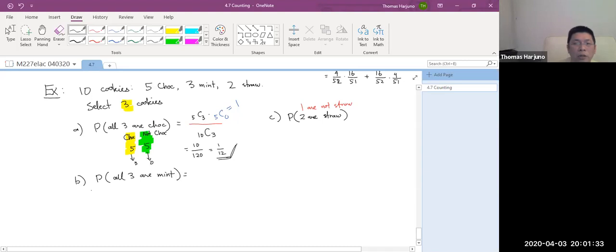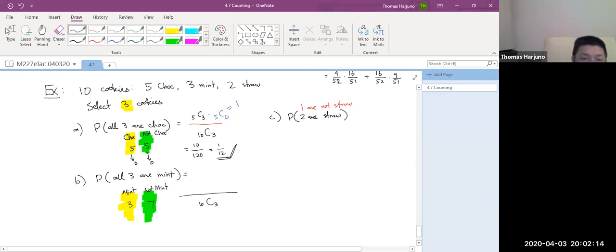Now, how about if we want to have 3 mints? That will be the same denominator, right? That's 10 choose 3. We still choose 3 cookies from those 10 cookies. And then how many mints, and how many not mints? There are 3 mint and there are 7 not mint.